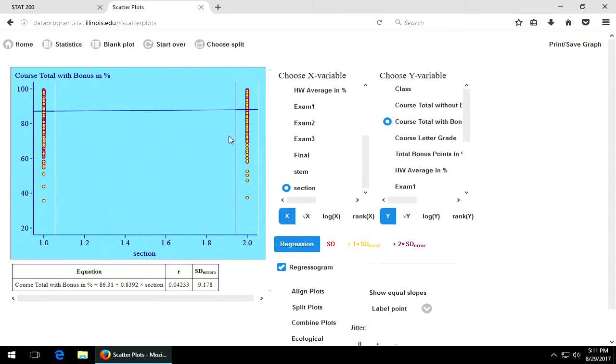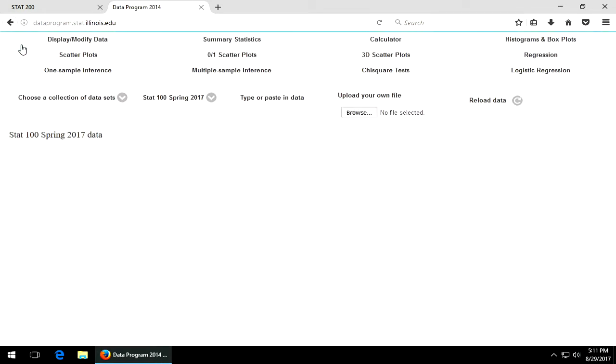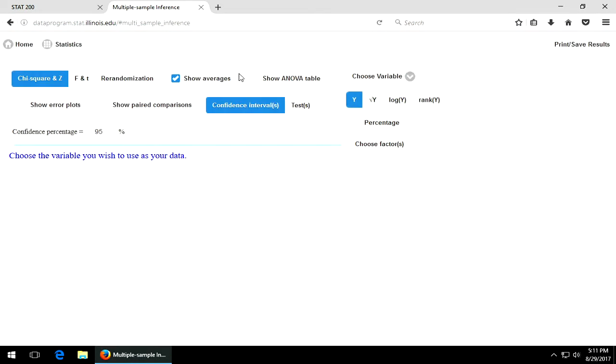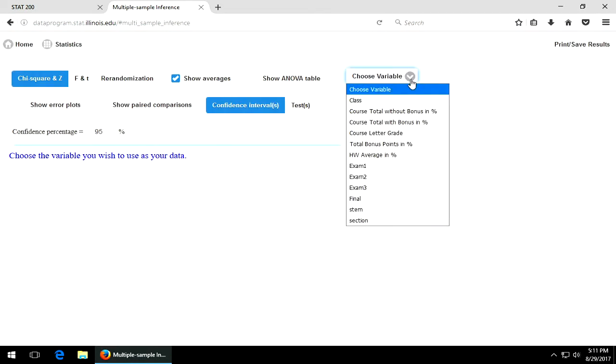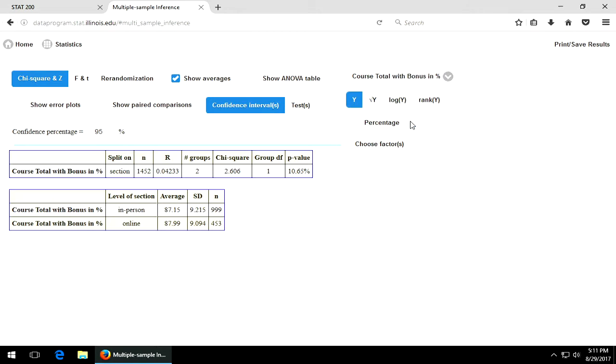And is that significant or is it not? We could look at another way of doing this. Let's go here and choose the variable course total with bonus. Here we have the course total with the bonus for the in-person and the online class. And again, we see this 0.84 difference, and that should be the same as the correlation coefficient.